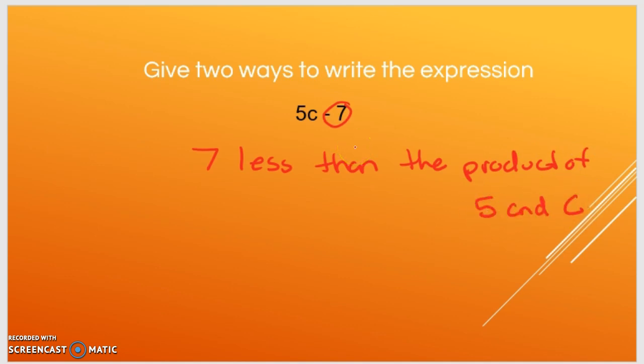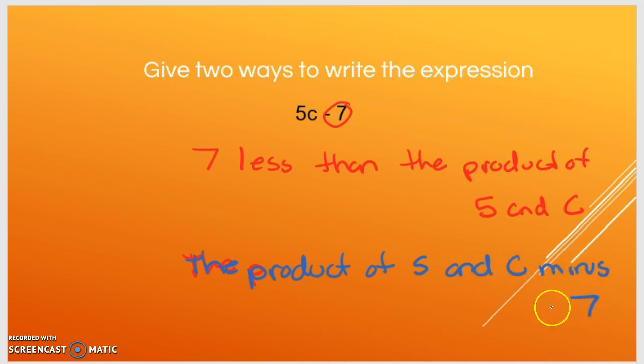And then another way to write this, I know another word that means subtraction is minus. So I could say the product of 5 and c minus 7 will be another way to write that.